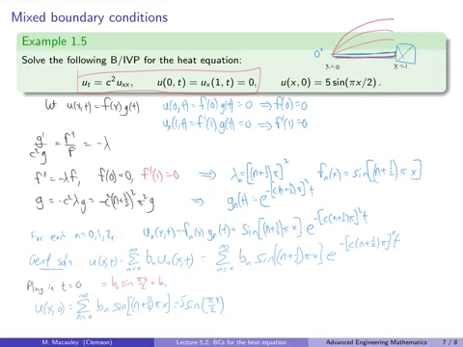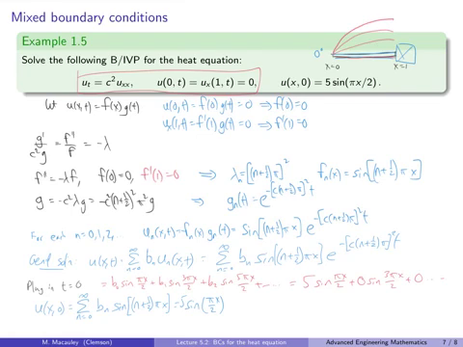Isn't b_0 kind of weird? Maybe I should have done n minus 1/2, but oh well, doesn't matter. b_1 sine of 3 pi x over 2 plus b_2 sine of 5 pi x over 2 plus etc. That has to be equal to 5 sine of pi x over 2, and if you prefer, plus 0 sine of 3 pi x over 2 plus 0, etc. Okay, so what is that saying?